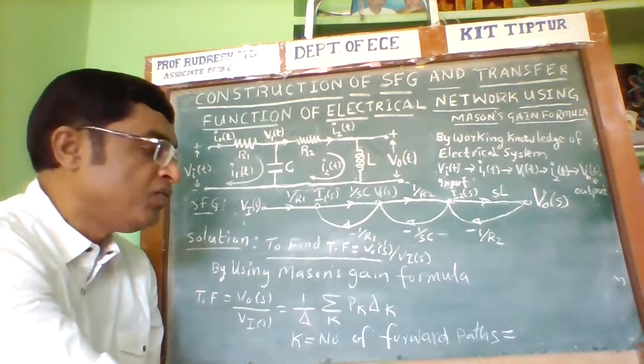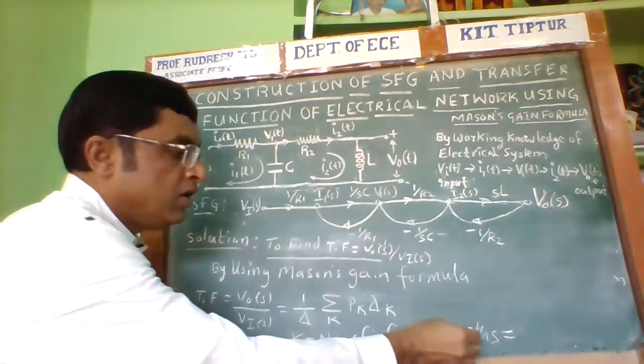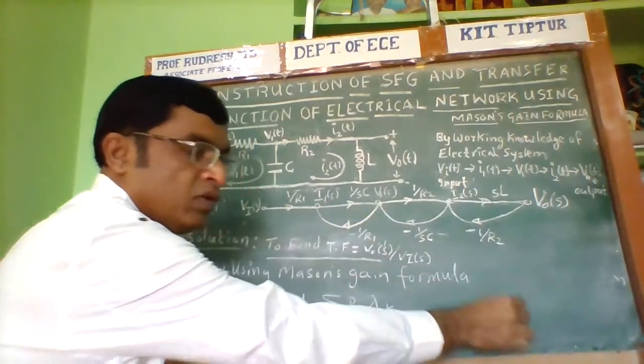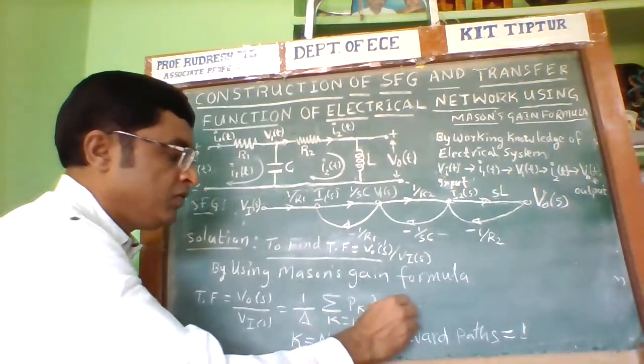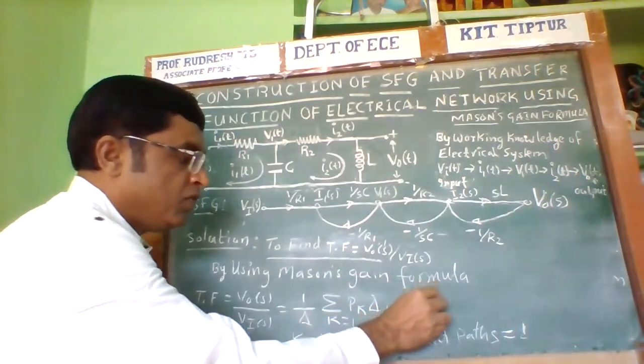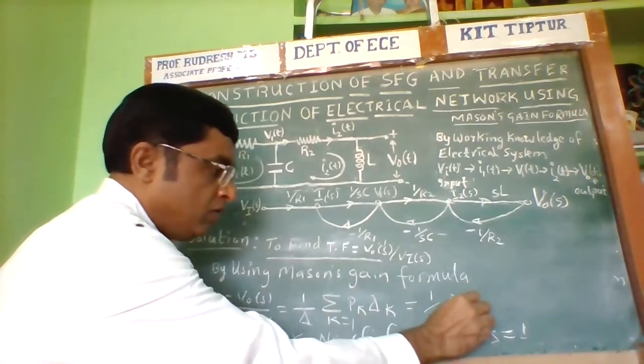K means the number of forward paths in the graph. In this particular graph, there is only one forward path. Therefore, K is equal to 1. Therefore, this is equal to 1 by delta, P1 into delta 1.